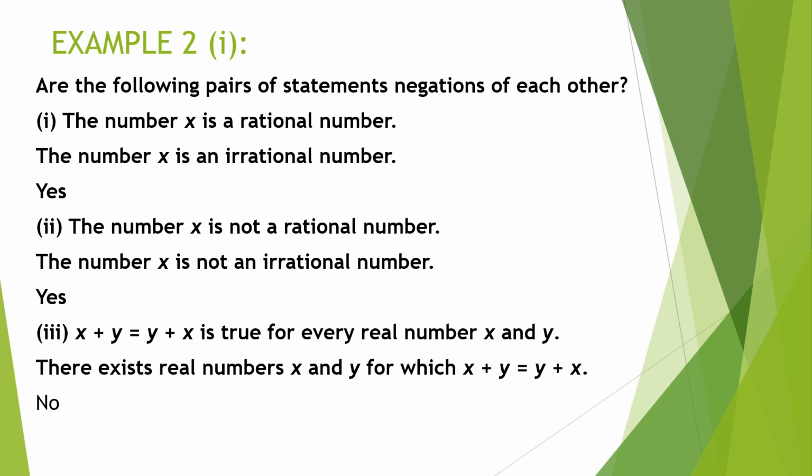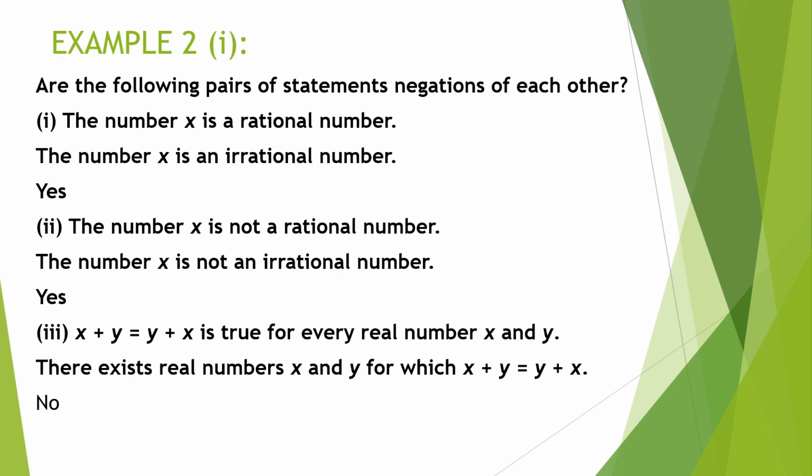Next example. Are the following pairs of statements negations of each other? First one, the number x is a rational number. The number x is an irrational number. Both are negations. Why? The second statement is the number x is an irrational number, means it is not a rational number. So the pair of statements are negations of each other. Second case, the number x is not a rational number.